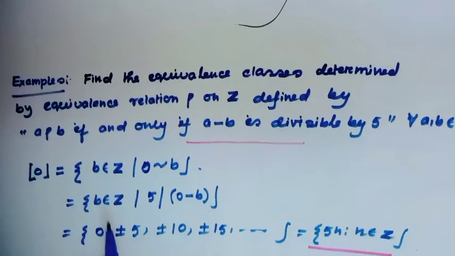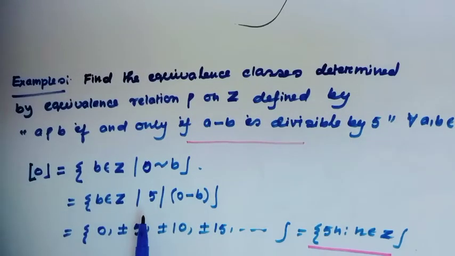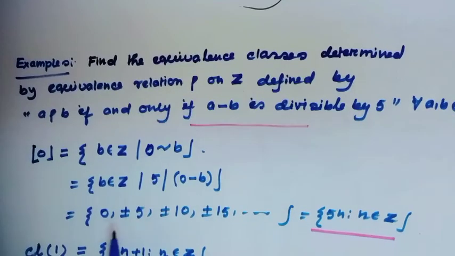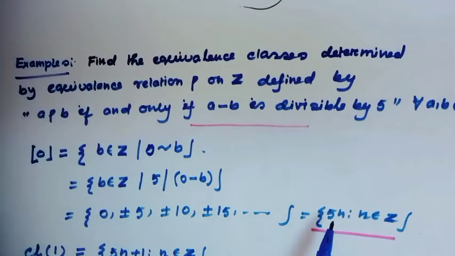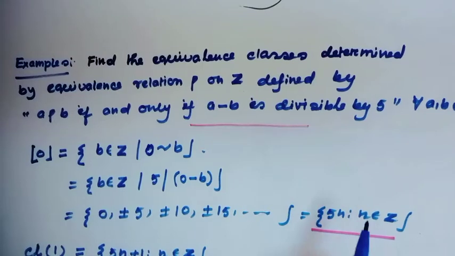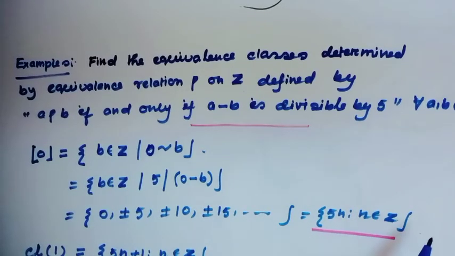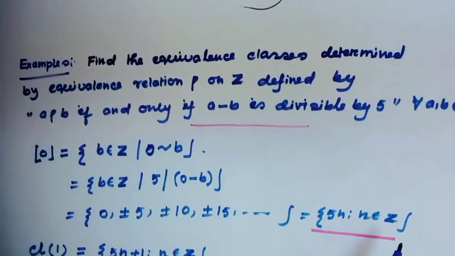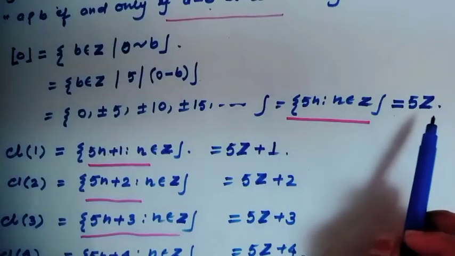That means the set of all b in Z such that 5 divides 0 minus b, which is equal to the set of all members 0, plus minus 5, plus minus 10, plus minus 15 and so on, and this is equal to the set of all members 5n such that n belongs to the integers, which is 5Z.